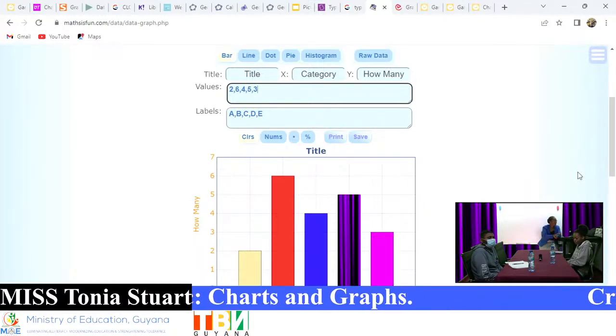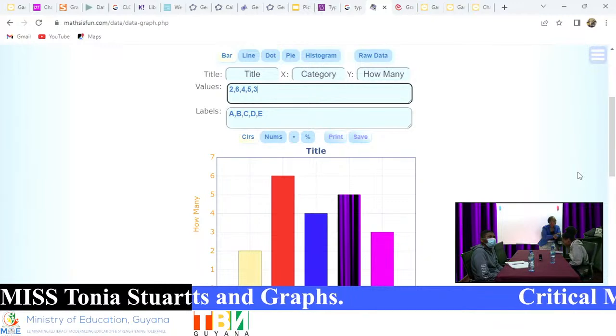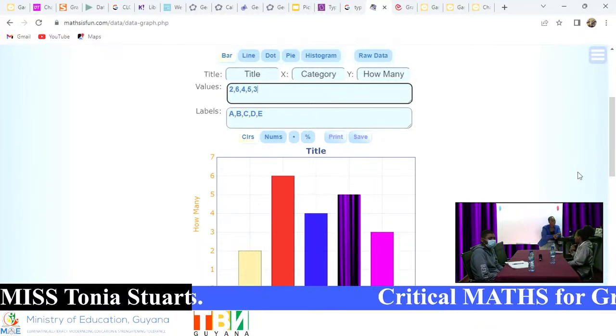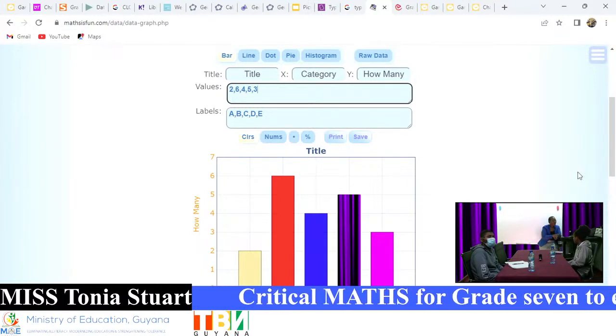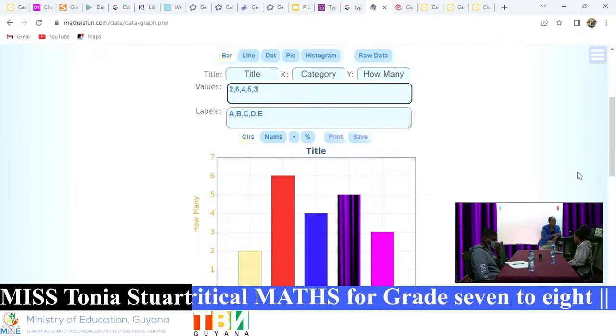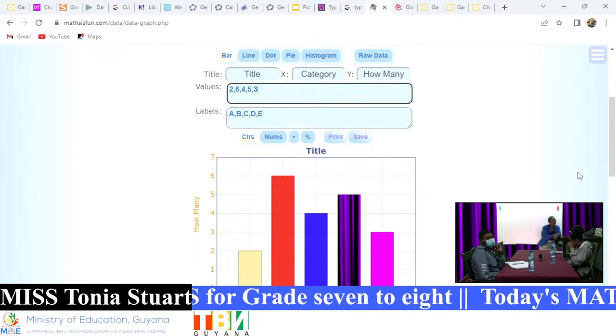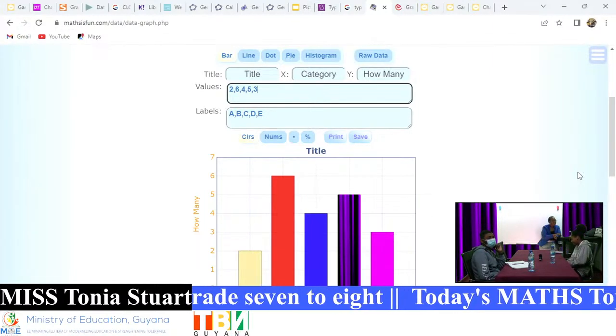Yes, Alia. A bar graph shows you how many things there are. Okay, it shows you how many objects there are. What else were you going to say? All right.